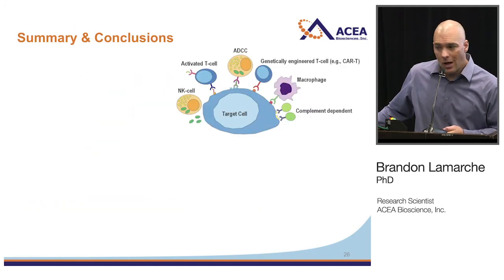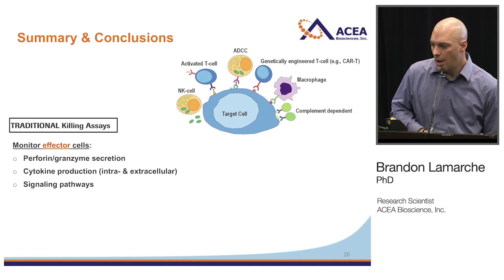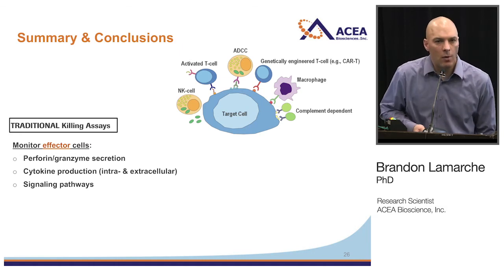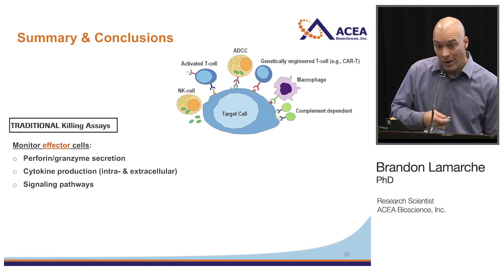So at this point, I'm going to wrap up. I want to say this though: if you're going to use a traditional cell-killing assay, one approach would be to monitor the effector cells. You might look at perforin or granzyme secretion, cytokine production, or different signaling pathways.